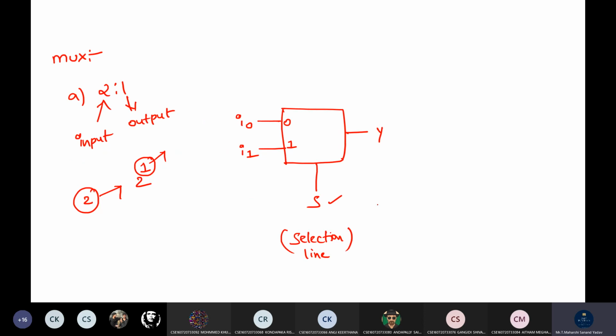Now tell me the working of this. A single variable can have how many combinations? 2, it can have 0 or 1. First if I apply S equal to 0, what will be the output? I0. So if you apply S equal to 0, this will be connected to the output, so you'll get output as I0, Y equal to I0.